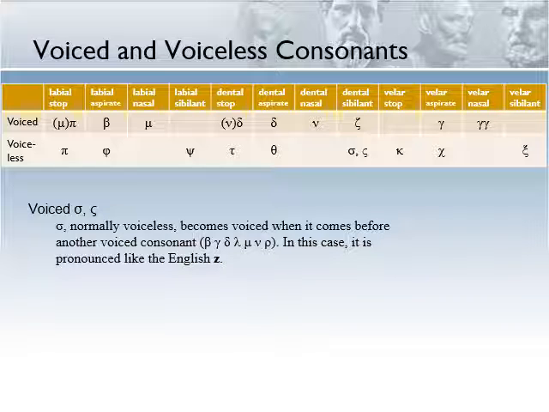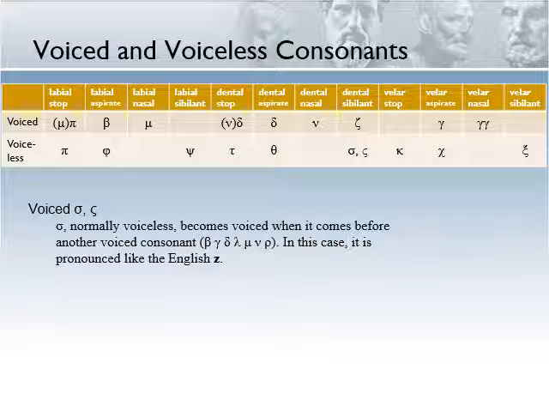Now, while we're talking about voiced and voiceless consonants, let me mention that the letter sigma we mentioned earlier was a voiceless consonant. But there is an exception to this rule. When sigma comes immediately before another voiced consonant, then the sigma will become voiced, and it will sound like the English Z. You might remember that we said just a little while ago that zeta is a voiced dental sibilant, while sigma is a voiceless dental sibilant.